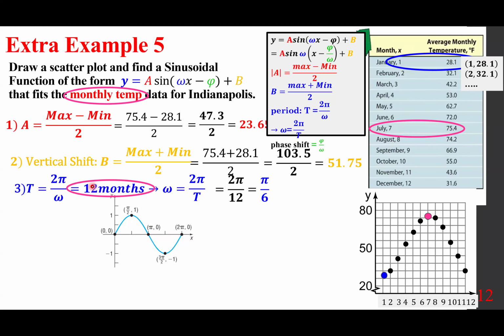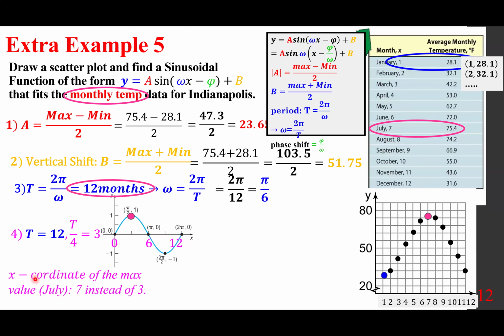As we look at this one, we have 12 months, 0, 6, 12. The maximum occurs 1/4 of the way. So if you divide the T by 4, you get 3. It should happen on number 3, the third month.